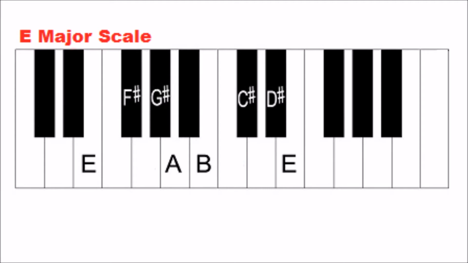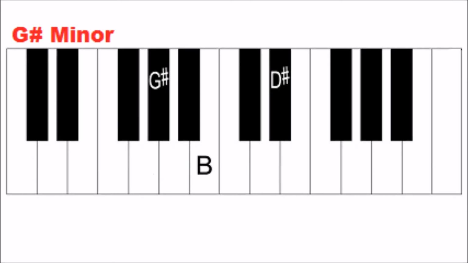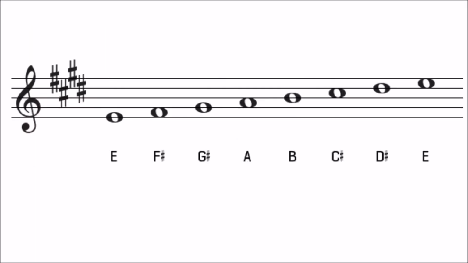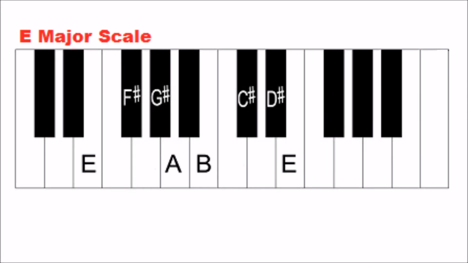How about the note G sharp? Is the chord G sharp major, G sharp minor, or G sharp diminished? It's clearly G sharp minor, consisting of the notes G sharp, B, and D sharp, which are all part of the E major scale. You can do this with any note in the scale to come up with chords in the key of E major.